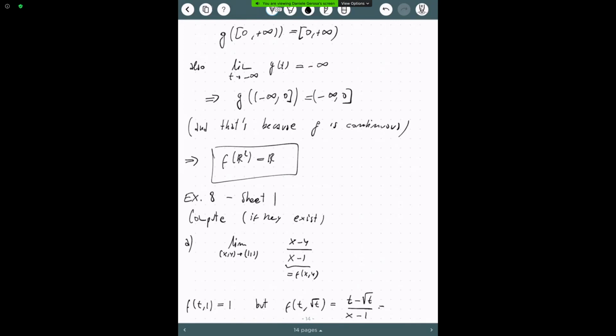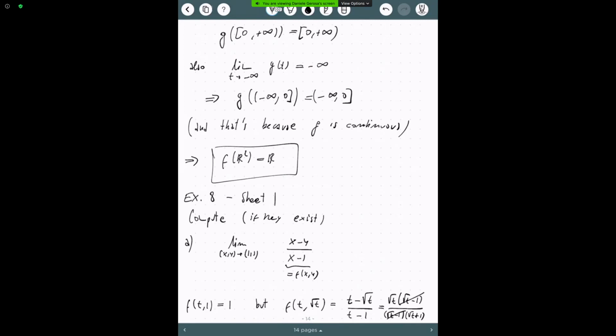And you can collect the square root of t. You can suppose that t is positive here, we don't care, we just need to find one. So we can collect the square root of t, and we get the square root of t minus 1. And then here we get the square root of t minus 1 times the square root of t plus 1. And then you simplify. Since t is going to 1, we can take the square root with no problems.